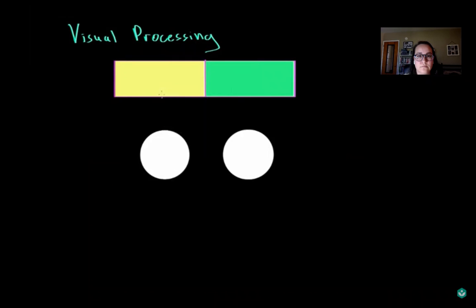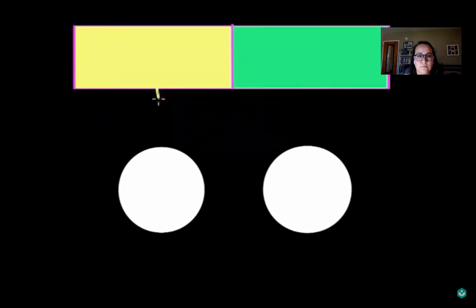So we have a ray of light coming in from the left visual field. It'll hit the left eyeball, it'll kind of be bent a little bit by the lens, and it'll hit the right side of this eyeball. And so the inner side of the eyeball, so this side of the left eyeball and this side of the right eyeball, is known as the nasal side, because the nose would be right in the middle of the eyes.